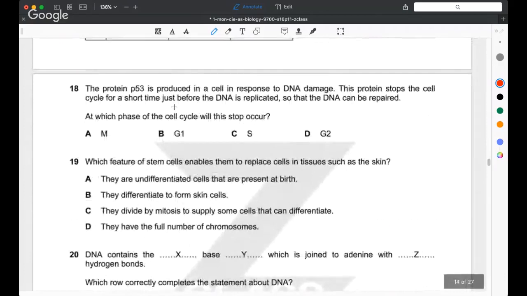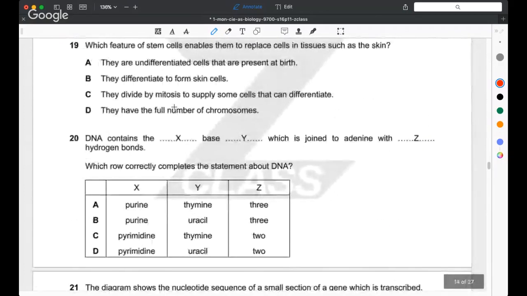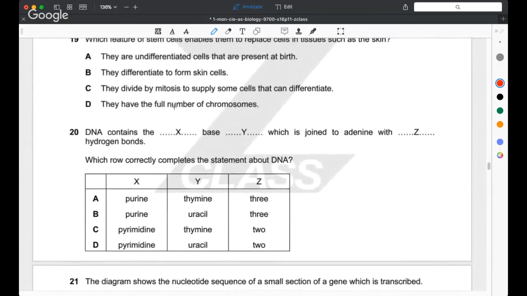Just wanted to talk a little bit about the nucleic acid molecules. Okay, so one of the things you've got to learn for nucleic acid molecules is not only the bonding that you get.